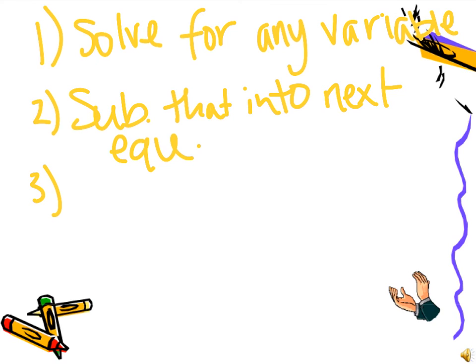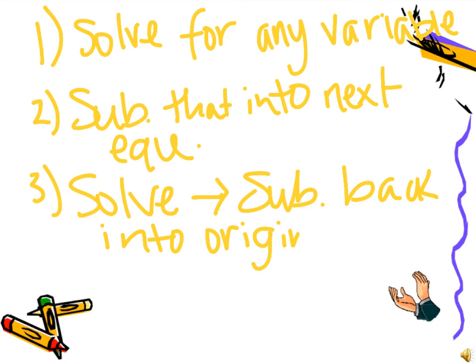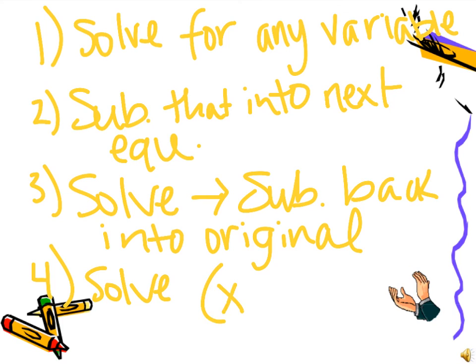Step 3 is you solve after you substitute, and then you'll need to substitute back in to the original equation, and then you'll need to solve, and you should have an ordered pair (x, y) as your answer.